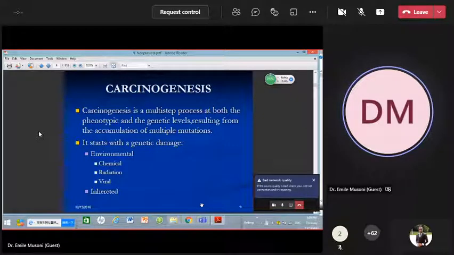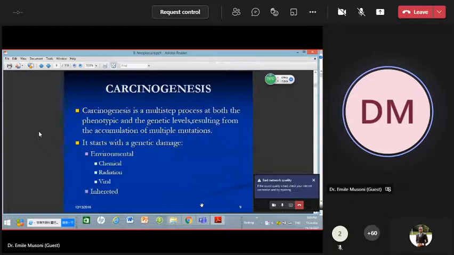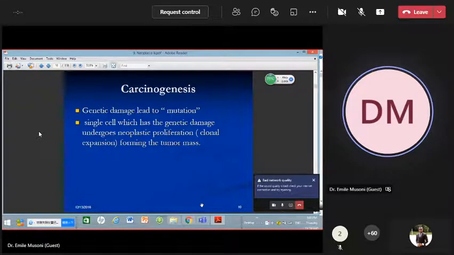So in cancer, there are environmental and inherited factors: environmental, chemical, radiation, viral, bacterial, and others, as we have seen. This is known as carcinogenesis. Genetic damage due to mutation. They say a single cell which has genetic damage undergoes mitotic proliferation.